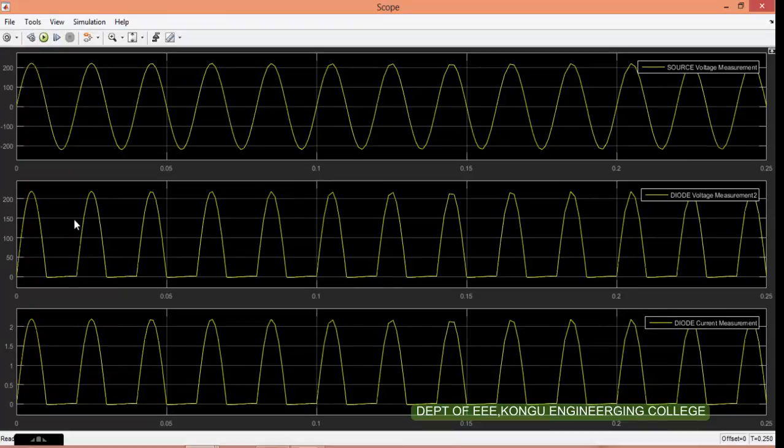The negative cycle is clipped at the output by the diode. That means half of the energy of your input is lost. At the output you are receiving only half of the energy from the input. You are only having the positive cycle and you don't have any negative cycle. The reason is that the diode conducts only in forward bias. During the negative cycle it does not conduct.